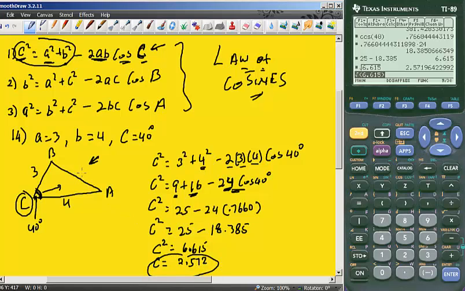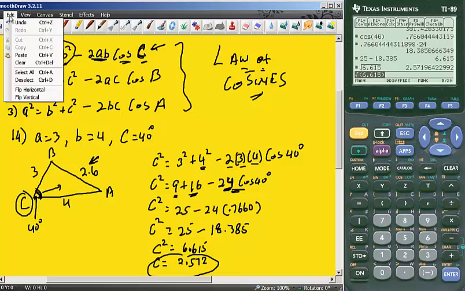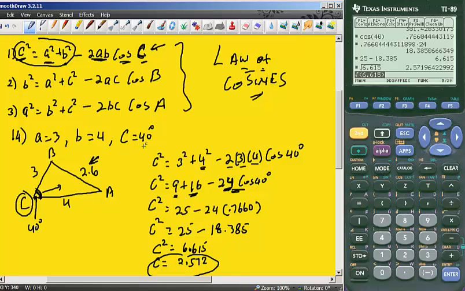So this side is 2.572, and I told you to round everything to one decimal place, so we're going to round that to 2.6. And all the angles we're going to round to the whole degree. Law of cosines is a lot of work, so we can use law of sines to find the rest, but you have to be careful.